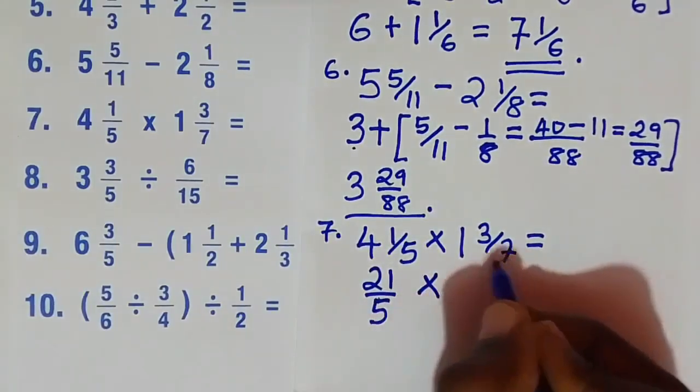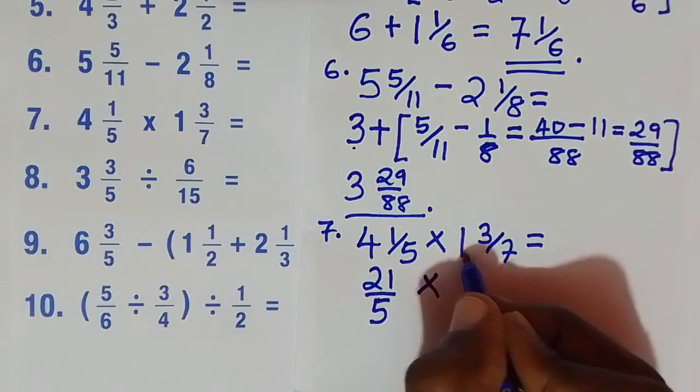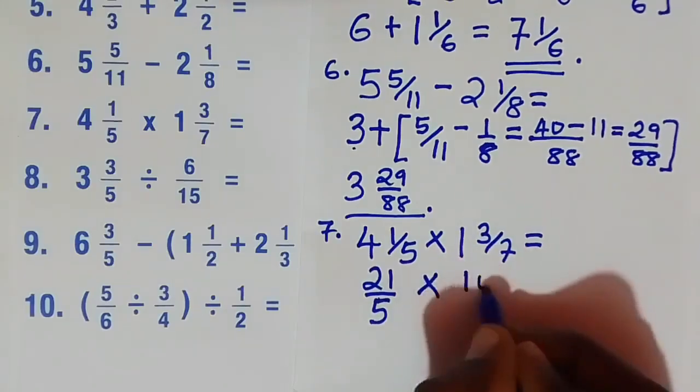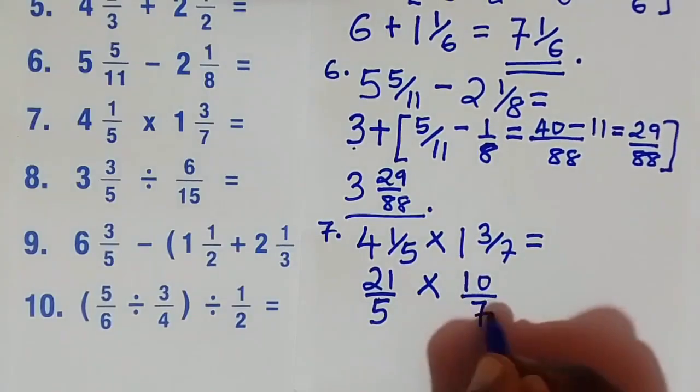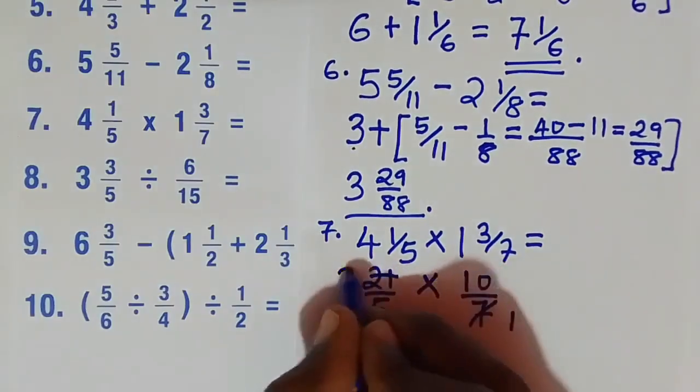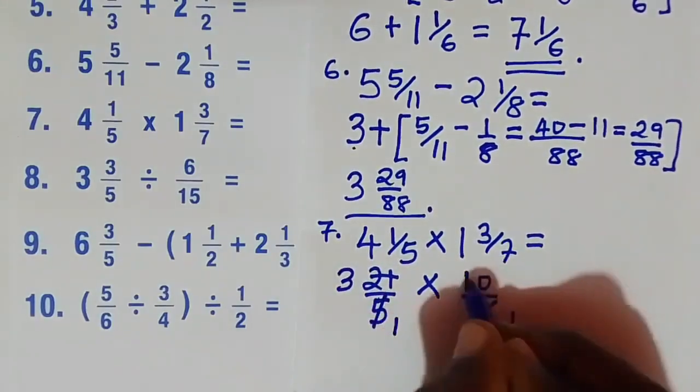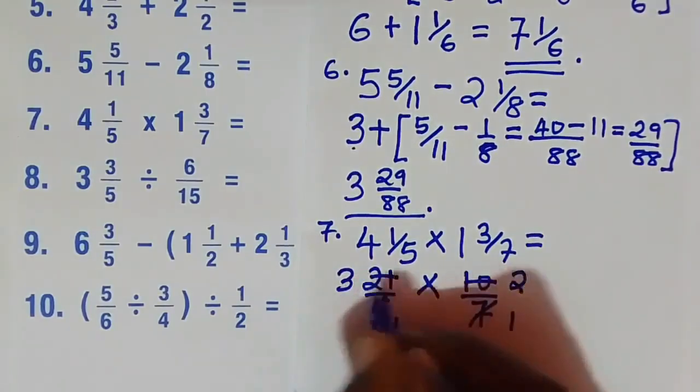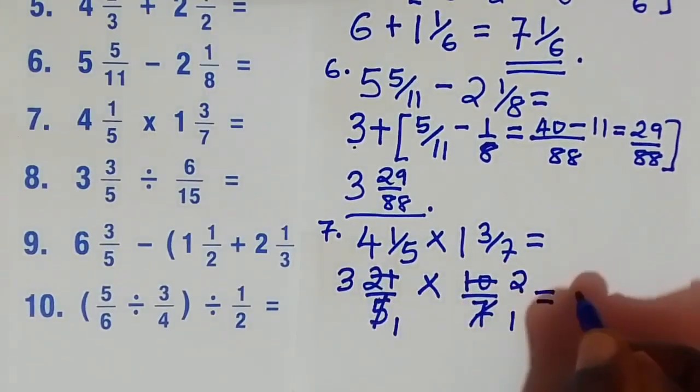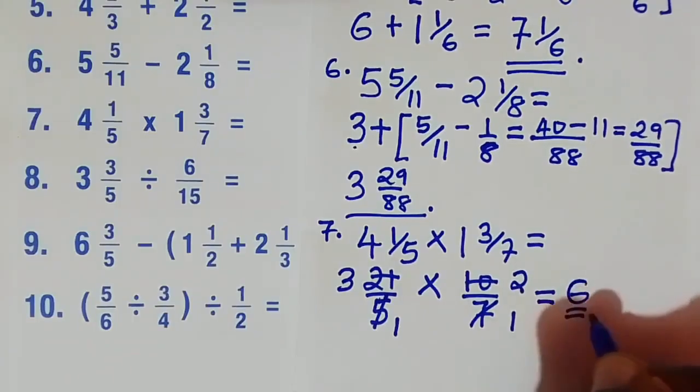Multiplied by 7 multiplied by 1, 7, plus 3, we get 10 out of 7. Here we can simplify: 7 into 1, 7 into 3, 5 into 1, 5 into 2. 3 multiplied by 2, we get 6.